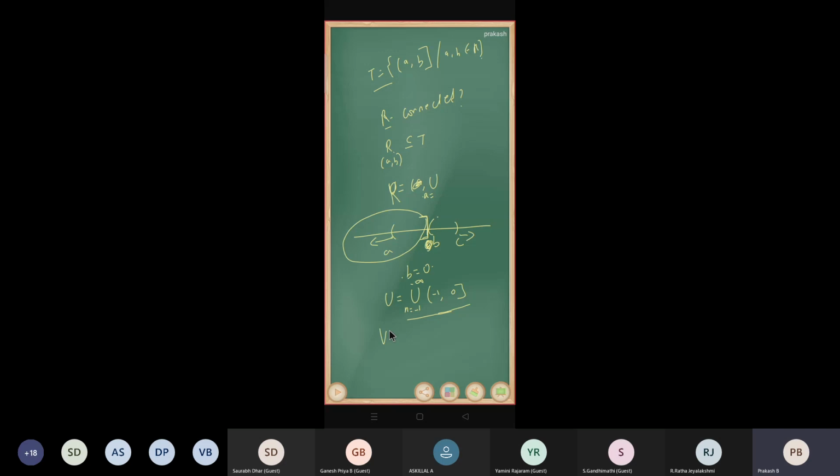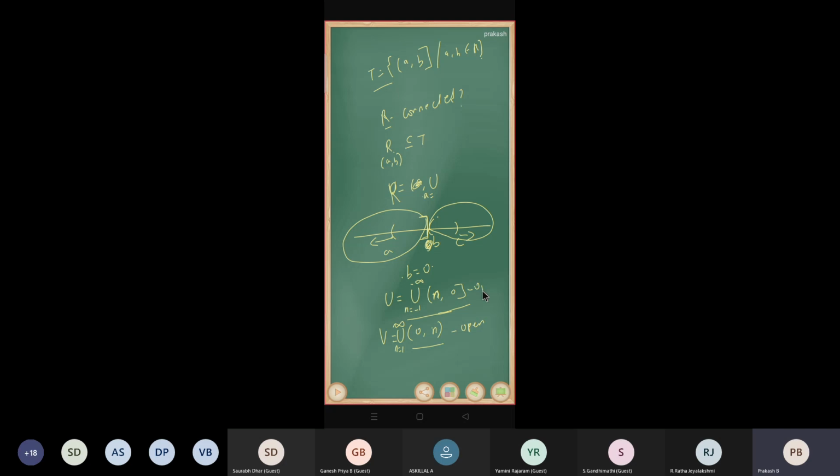Now, sorry, I want to take n, right? Open interval (0, n), where n is equal to 1 to infinity. If you take n from 1 to infinity, it will cover the right-hand side of the real line, and it is open because each open interval is open and the union of open sets is open.